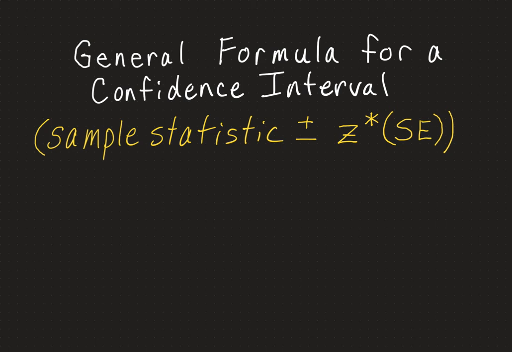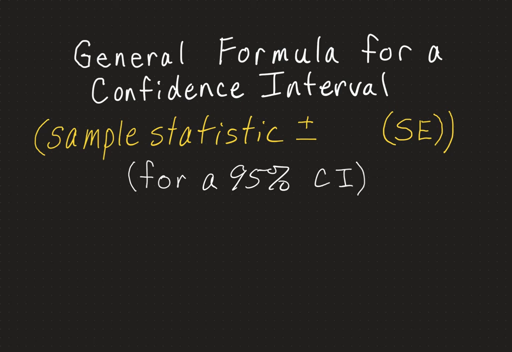And for a 95% confidence interval, only for a 95% confidence interval, we have set that z star at 2 because we've said 95% of the data is between plus or minus 2 standard errors from the mean.